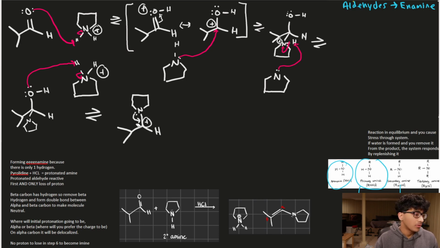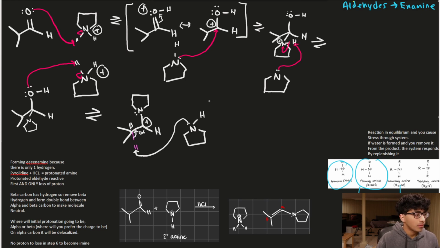So what we're gonna do is beta elimination. You find the alpha and the beta, and this beta has a hydrogen to give up. So the nitrogen, the amine, is gonna take it, and then we do elimination right here.